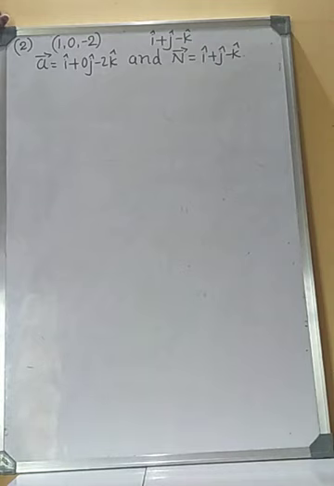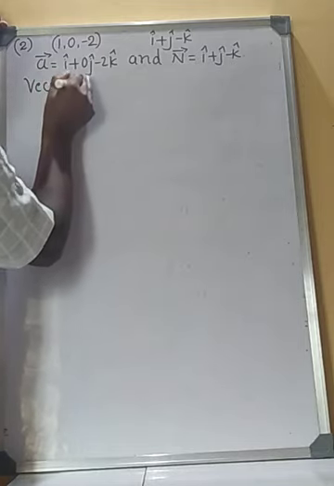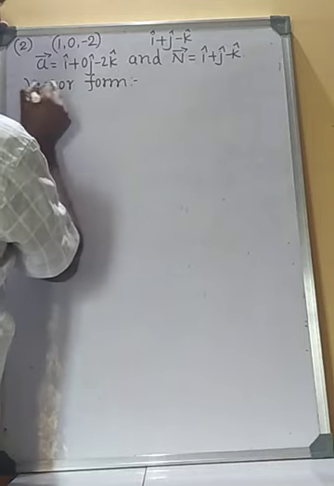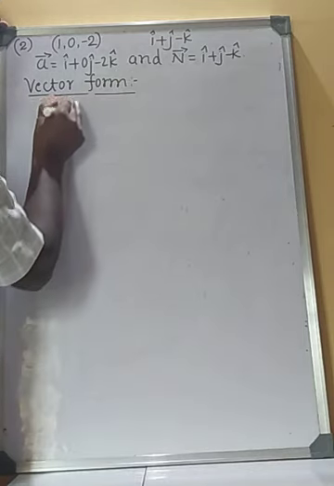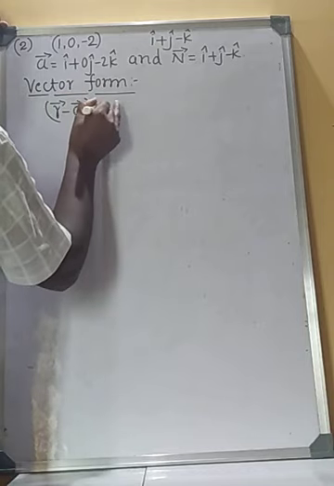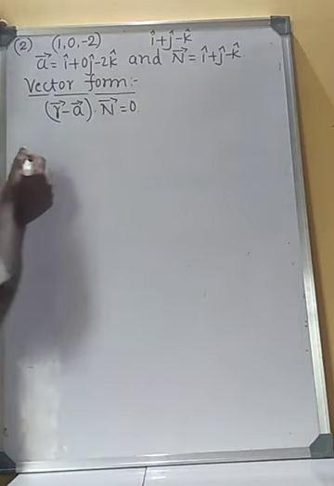Now write the vector form of equation of plane, that is (vector r minus vector a) dot n vector equal to 0.